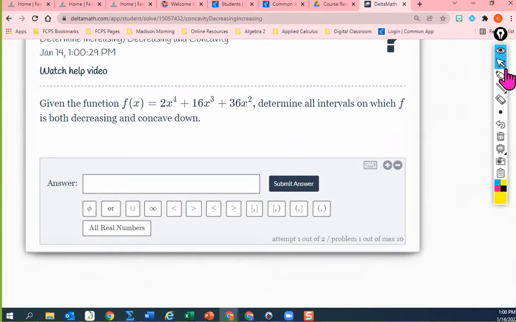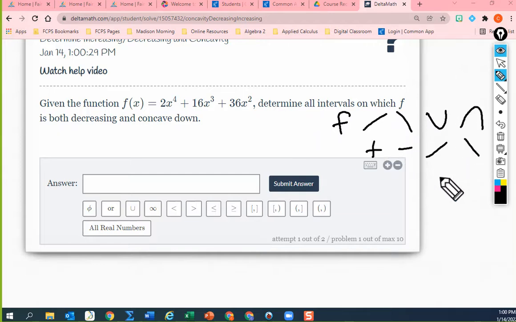I'm going to write my fun chart and figure out what I'm looking for. All right, so we have F, increase, decrease, up, down, plus, minus, up, down, plus, minus. F prime, F double prime.